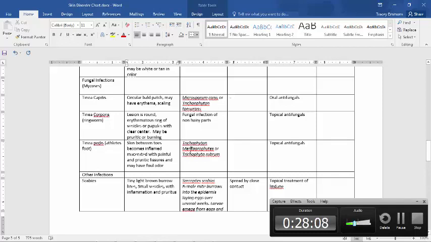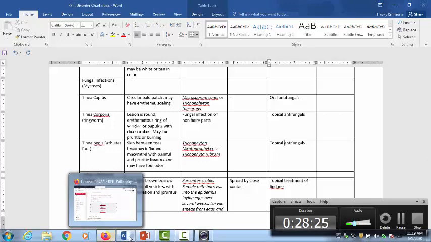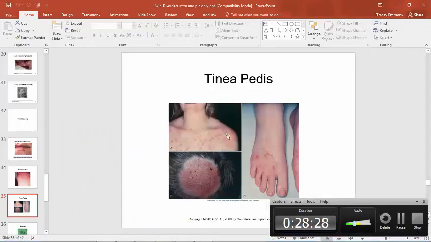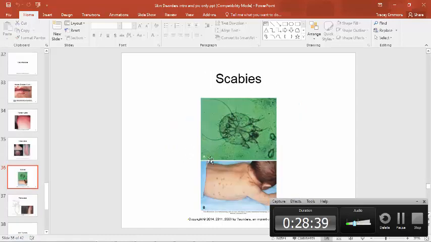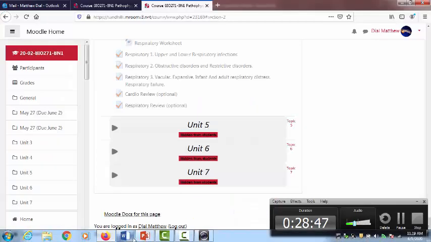Again, this is Trichophyton mentagrophytes or Trichophyton rubrum, and these are treated with topical antifungals as well. So these two are treated with topical antifungals, and then Tinea capitis is usually treated with oral antifungals. Here we can see Tinea pedis. This is Tinea corporis, Tinea capitis, and Tinea pedis. Okay, so three fungal infections. We don't have a whole lot of fungal infections in normal healthy adults. Next up is an infection from scabies, which is a parasite.